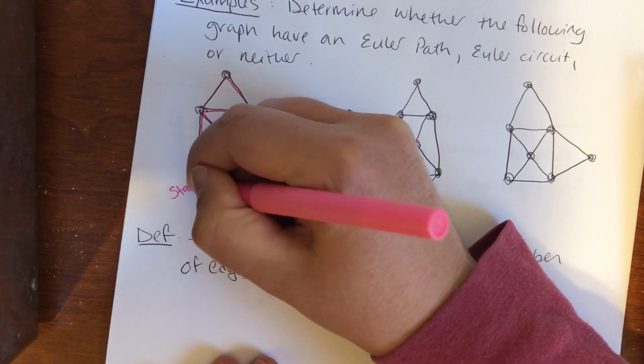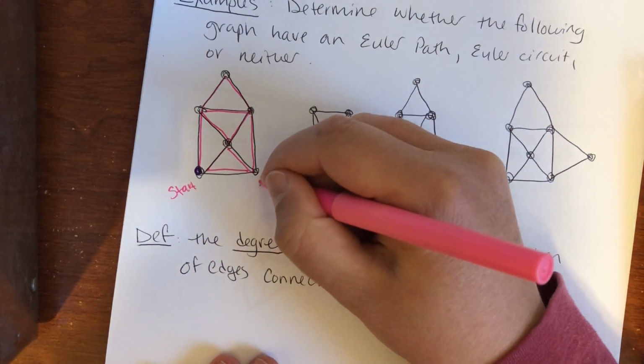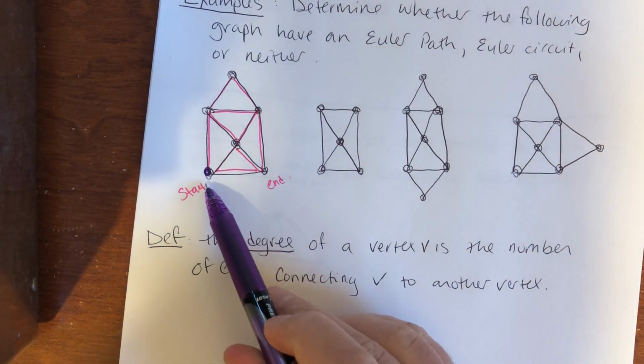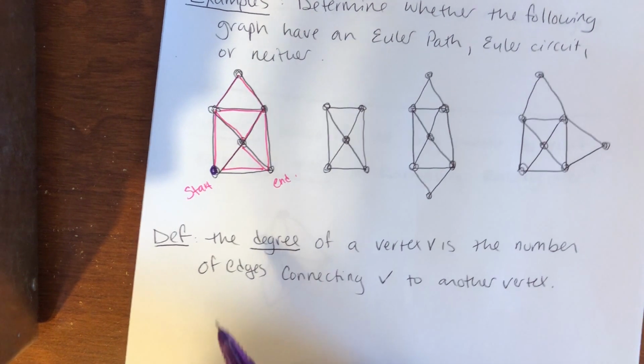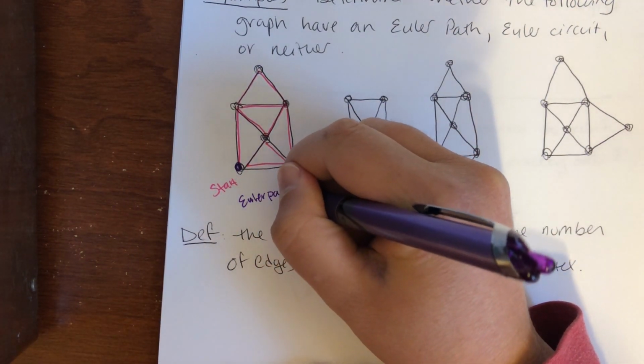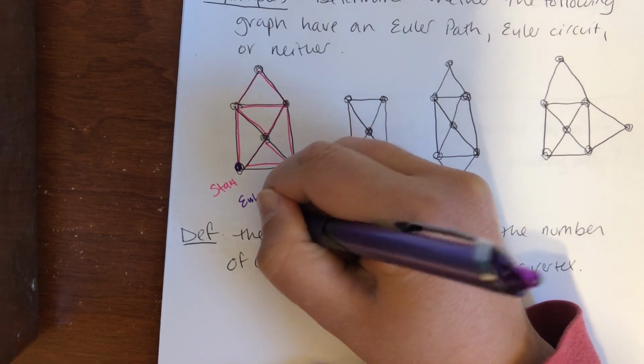So we started here and we ended here. We can see from the way that I highlighted it that we crossed every edge exactly once. So this is an Euler path, but it's not an Euler circuit because I started at one vertex and I ended at another. So this has an Euler path, but not a circuit.